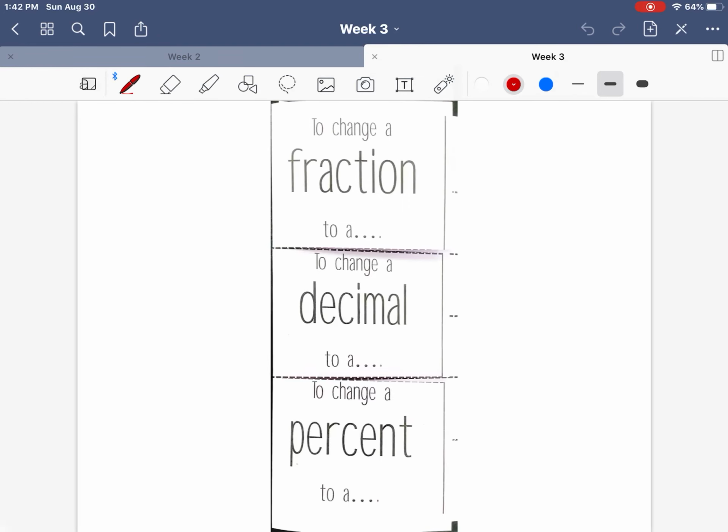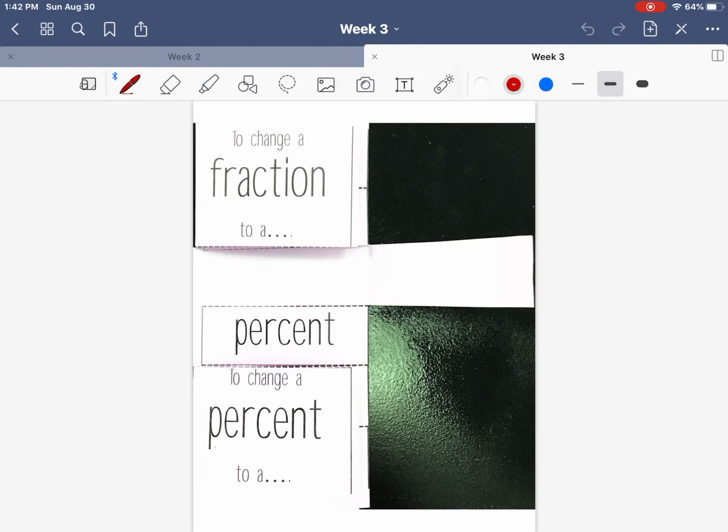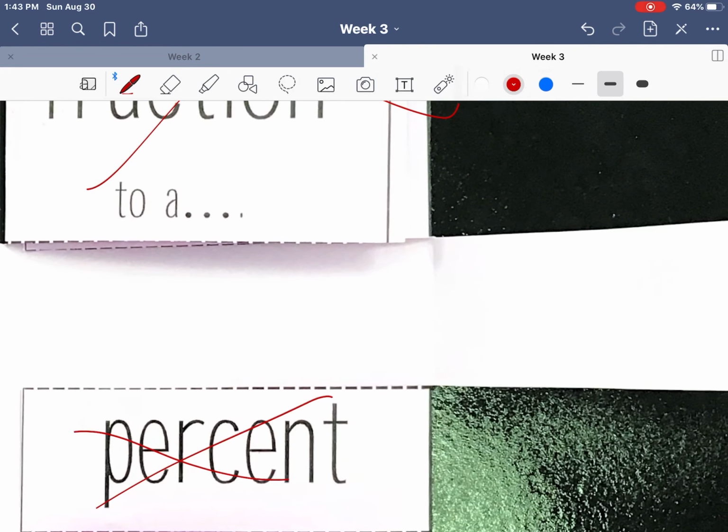So the first thing we're going to do is change a decimal to a fraction. Just ignore this part up here and this part down here and copy down what I'm writing right here. To change a decimal to a fraction, you first write the decimal the way you would say it as a fraction.